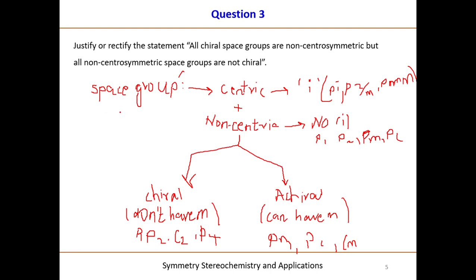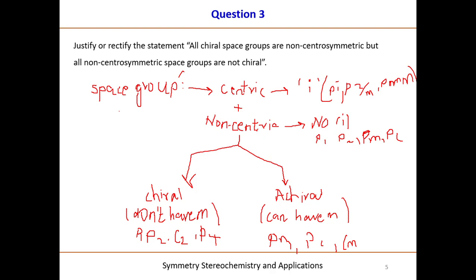Among the 240 space groups, we divide them into two types: one is centric and the second is non-centric. Centric contains a center of inversion and non-centric contains no center of inversion. In non-centric space groups, we don't have a center of inversion.